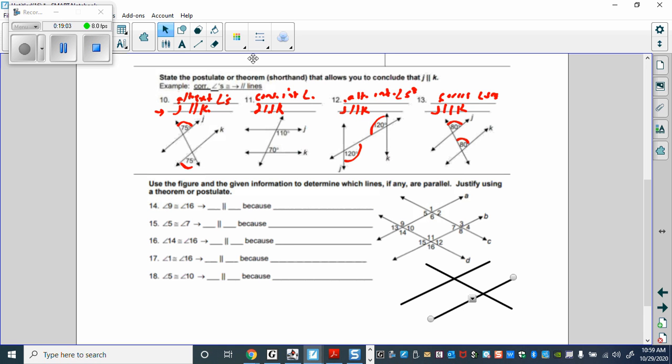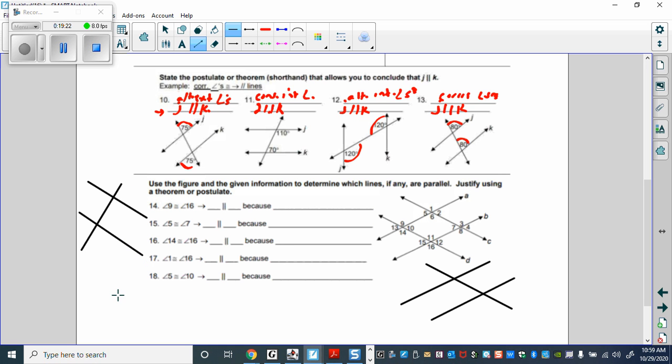Because otherwise you can't see correctly. All right, and then I'm going to do the other one over here. So I have 4 diagrams I need to do here.